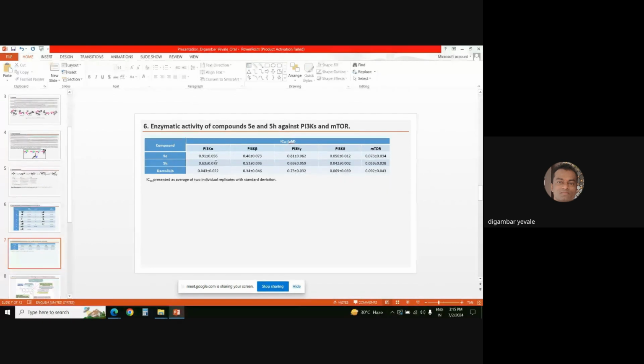The reference standard dactolisib shows activity of 0.069 micromolar for PI3K delta, and our compound 5H shows 0.042 micromolar, which is quite good as compared to the reference standard. And compound 5E shows moderate activity, 0.056 micromolar. So by this isoform study, we also concluded that our synthesized targets are PI3K delta selective.